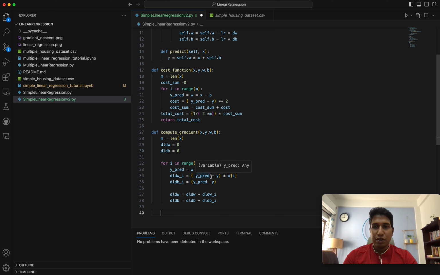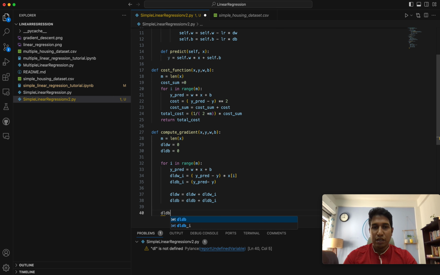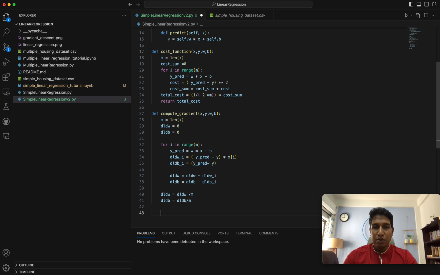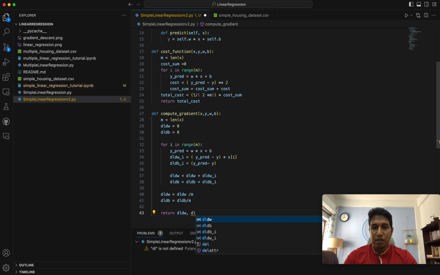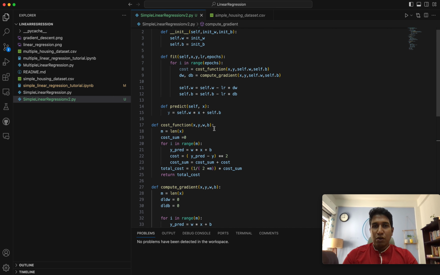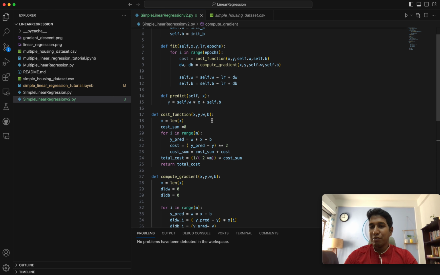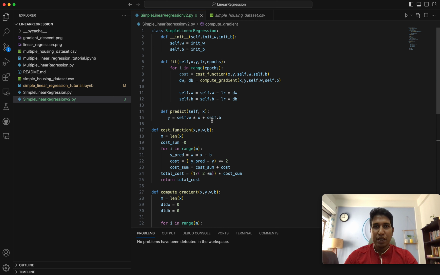Finally, we have to divide, because we are iterating m number of times, so dL_dw by m. Similarly, dL_db equals dL_db by m, and we return dL_dw, dL_db. This is how we compute the gradient, and with that we have the basic simple linear regression implementation.